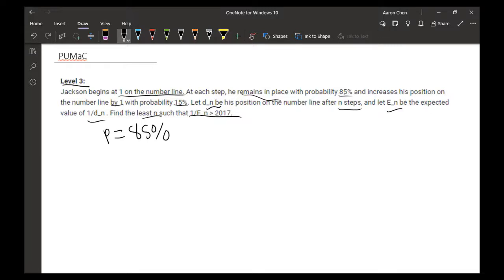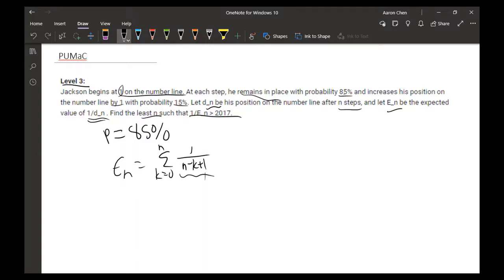Then E of n is the expected value of 1 over D of n. So E of n is the sum from k equals 0 to n of 1 over n minus k plus 1. Here we're going in reverse order because that is more convenient. The plus 1 comes from the fact that his starting position is 1 in the first place.